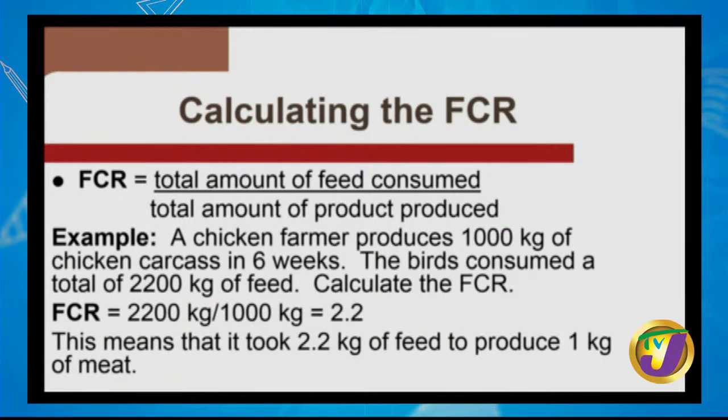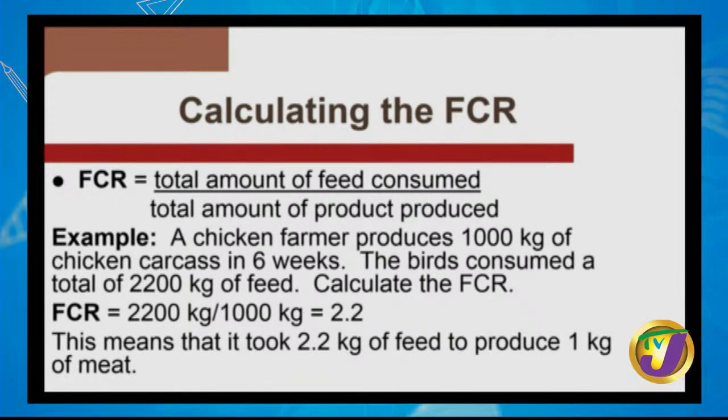A chicken farmer produces 1,000 kilograms of chicken carcass in 6 weeks. The birds consumed a total of 2,200 kilograms of feed. Calculate the FCR. So, remember the FCR is the total amount of feed consumed over the total amount of product produced, or what we call the dressed carcass or the chicken carcass.